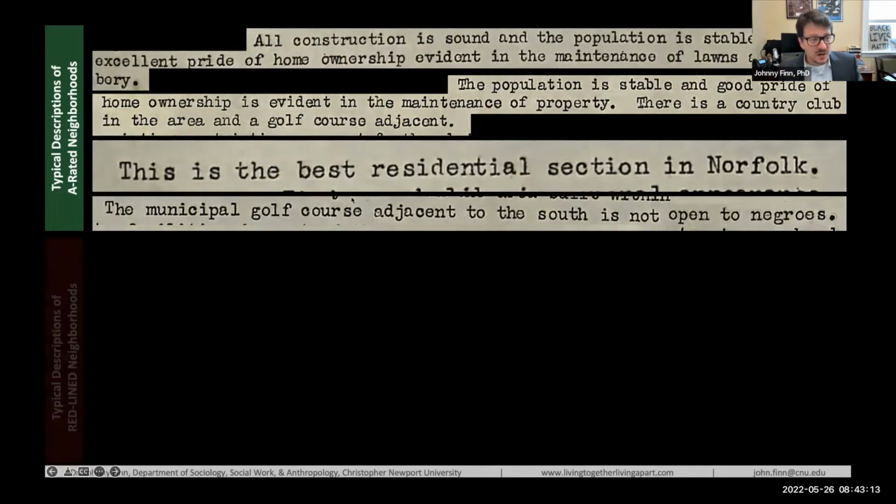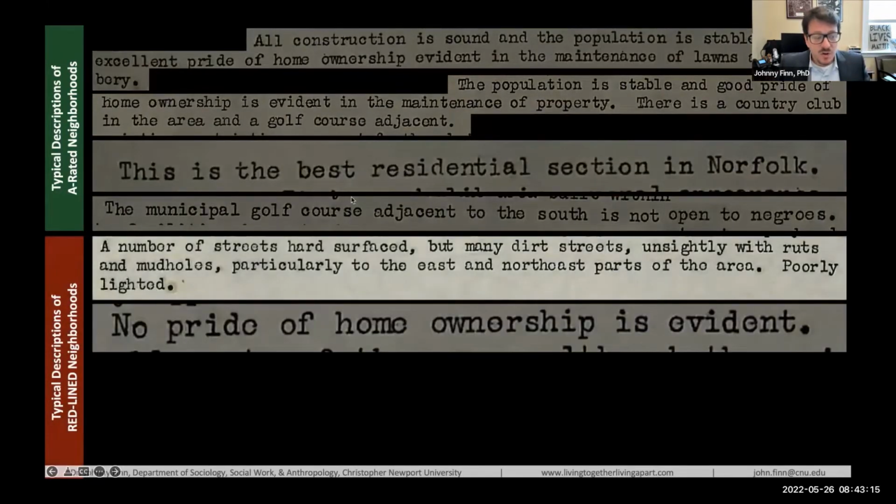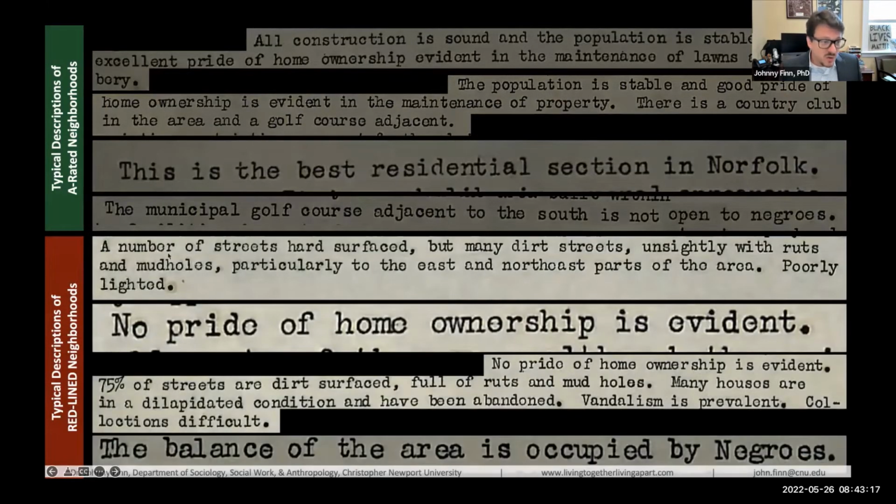On the other hand, in redlined neighborhoods, what you can see is talk of a lack of pride of home ownership. There's a strong presence of race and overtly racialized, let's say, language here.